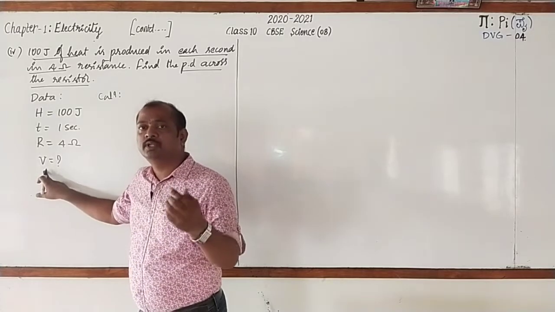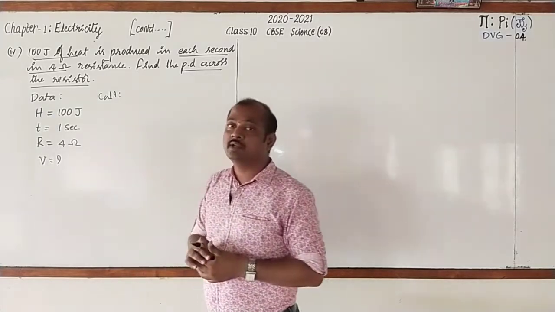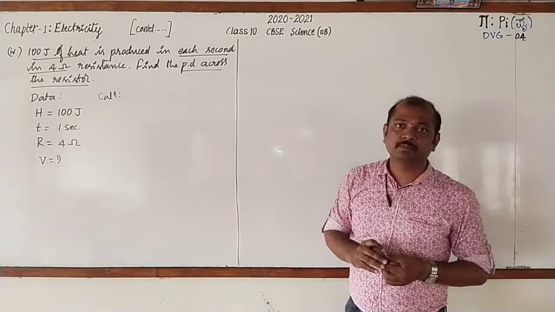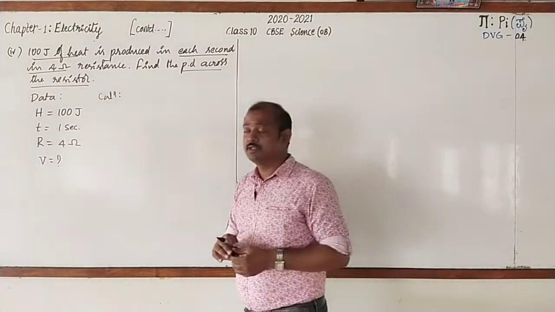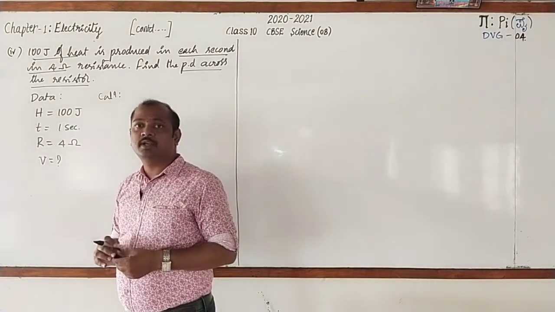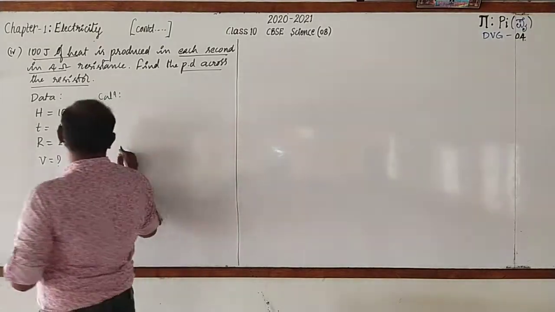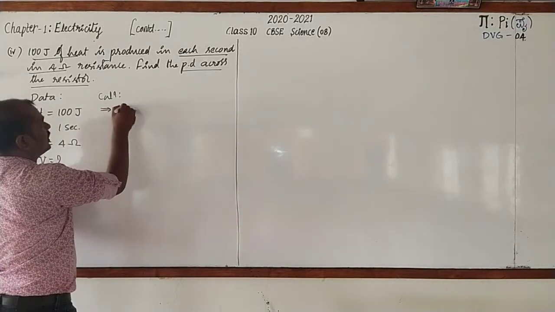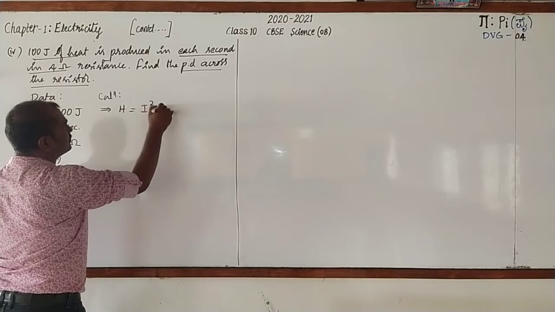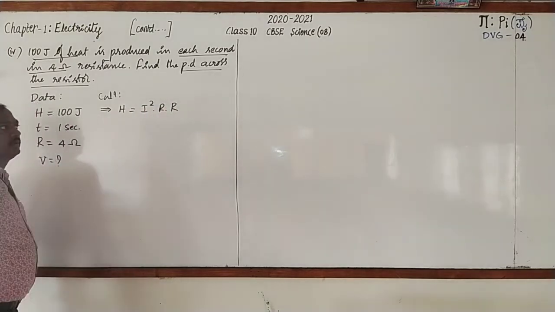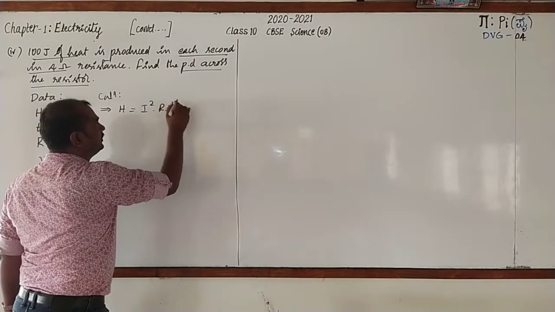If you want to find the voltage, you have to find the current, because there is a relationship between current and voltage. Hence, let us find the current by using the formula H is equal to I square into R into T.